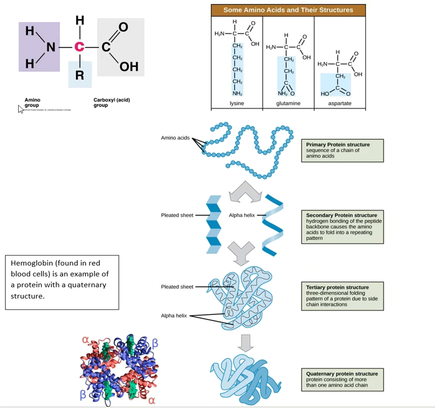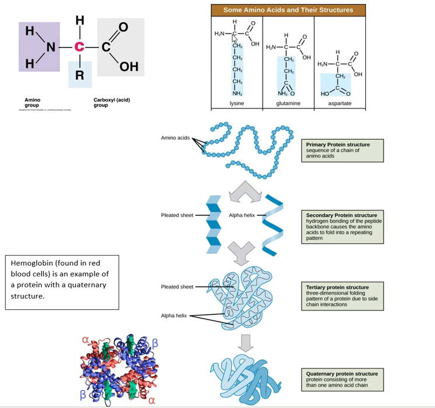This is called the amino group. We have the C double bond O, single bond OH. That's called the carboxyl or the acid group. So you can see where the name amino acid comes from. It's combining a portion of the amino group name with a portion of the carboxyl or acid group name.